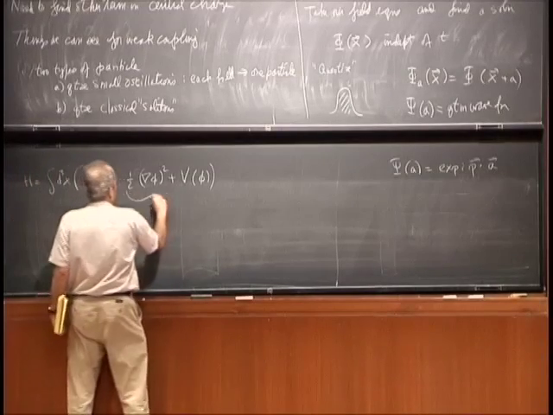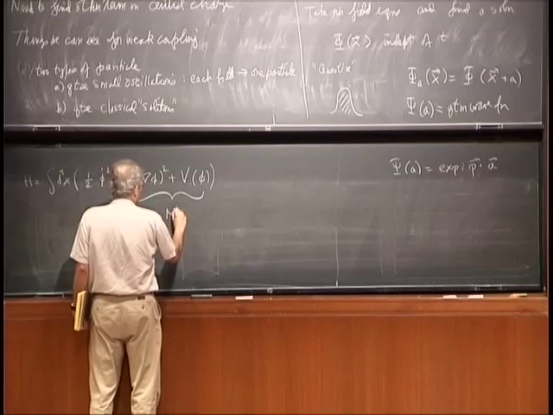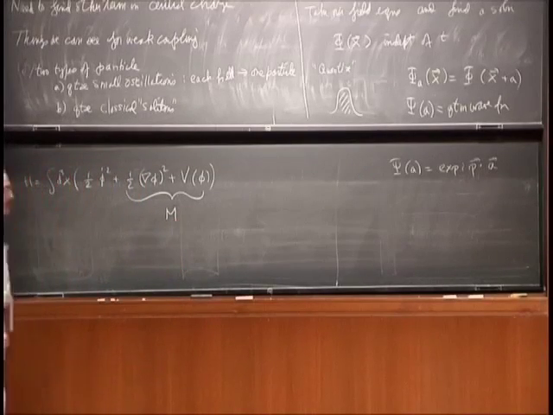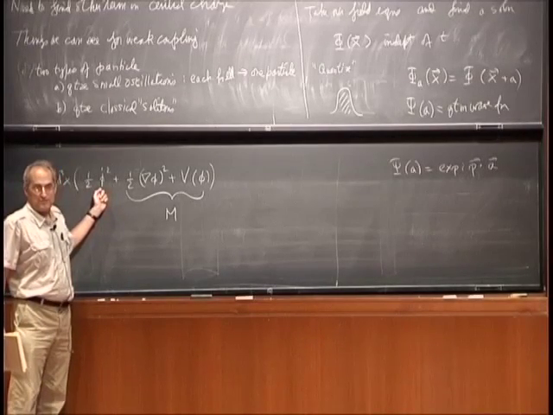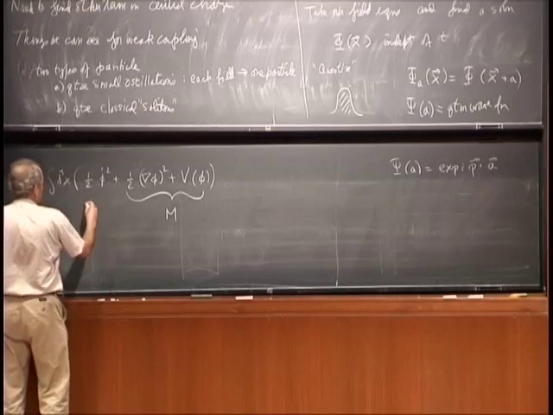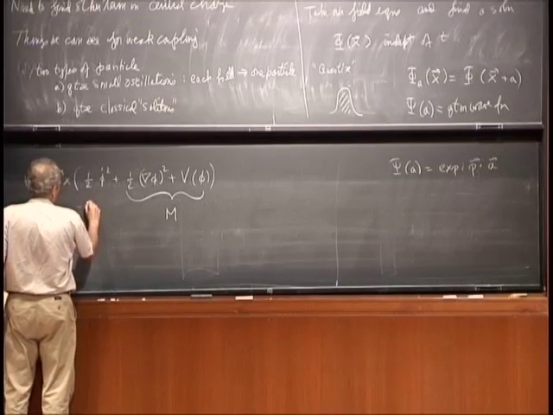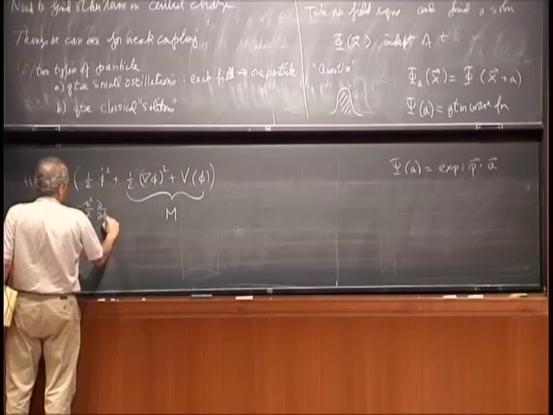And so this is going to be a constant, which we'll call m, the mass of the lump. As I said, to minimize the energy classically, we would have taken phi dot to be 0. But quantum mechanically, phi dot squared is going to turn into minus h bar squared d by d phi squared.